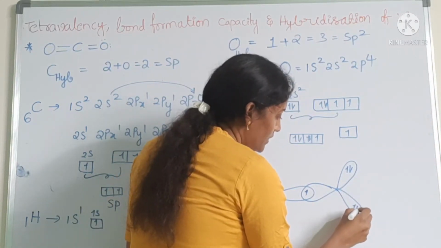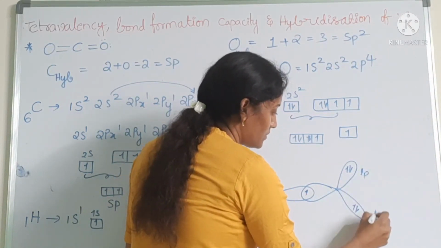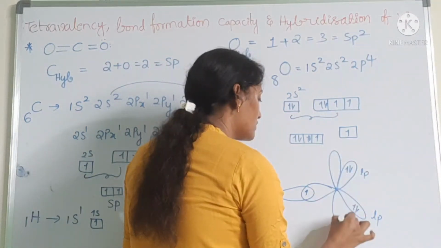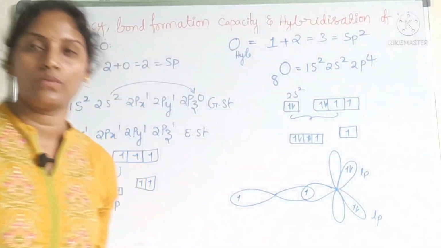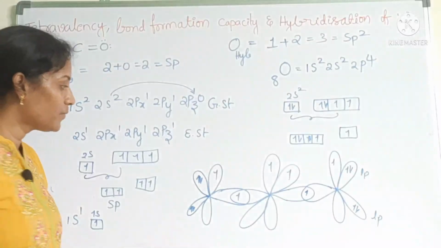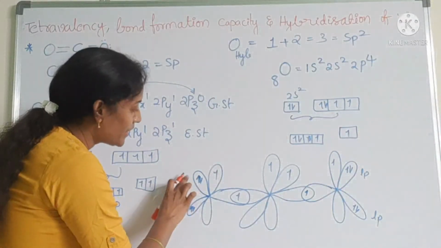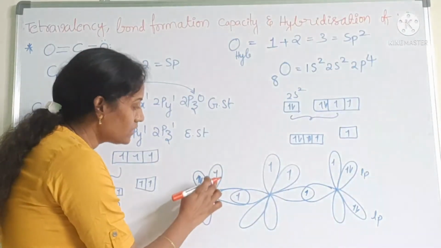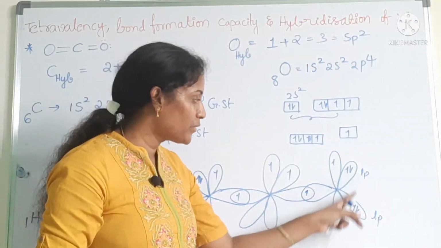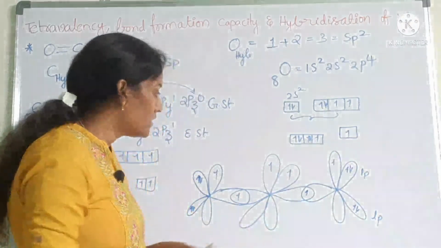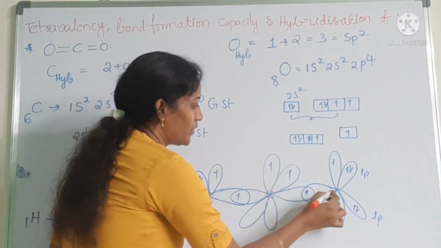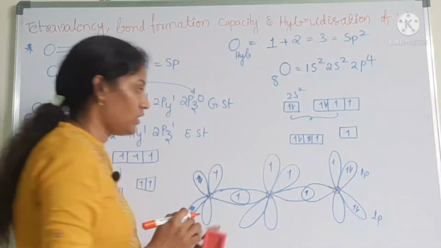We can call these lone pairs. See here, these are the hybridized orbitals from this oxygen and this is the unhybridized orbital from this oxygen. These two are the unhybridized orbitals from this carbon. This is carbon, this is oxygen and this is the other oxygen.